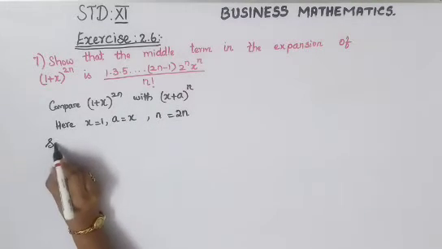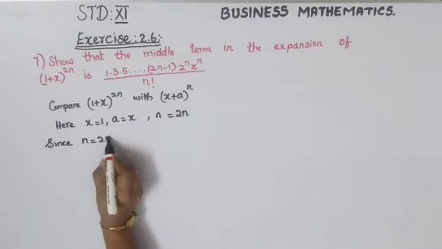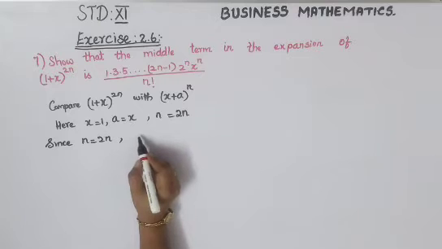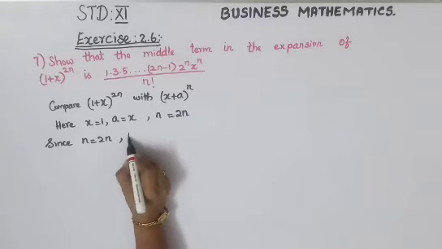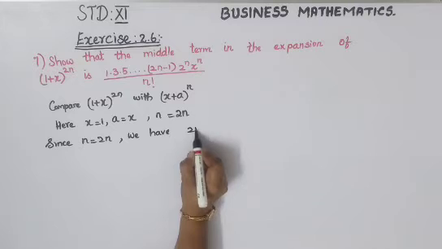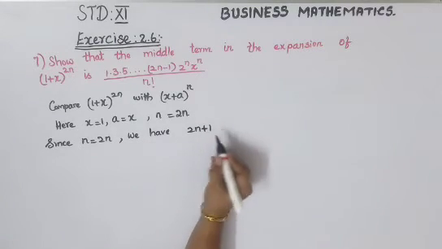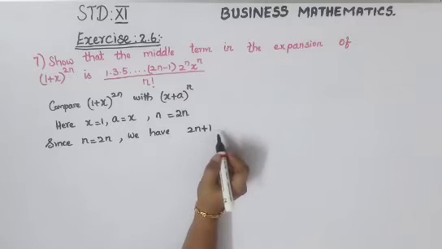Now since n is equal to 2n, you will have to find your terms. Okay, how many terms, whether it is odd or even, you will have to find it, then we will proceed. So first we will find, we have here 2n plus 1, we have got 2n, so plus 1 you will have to add it to find your terms whether it is odd or even.